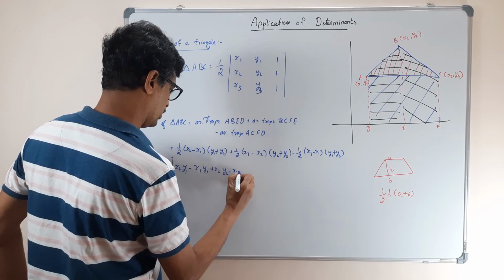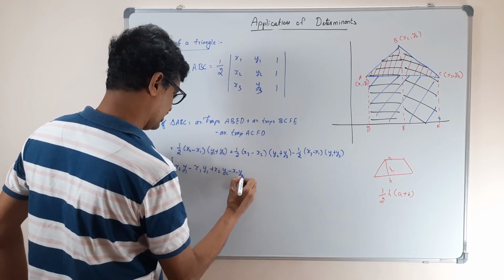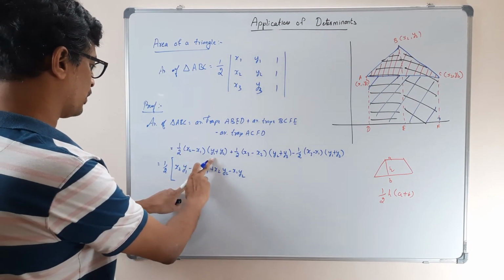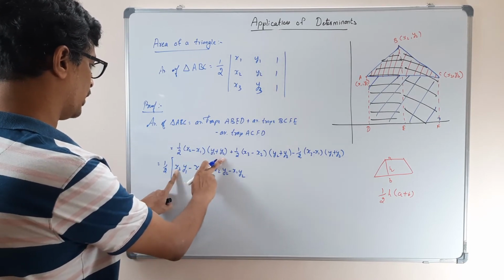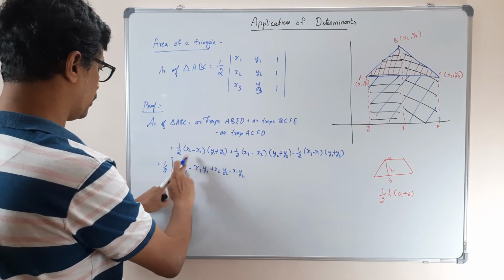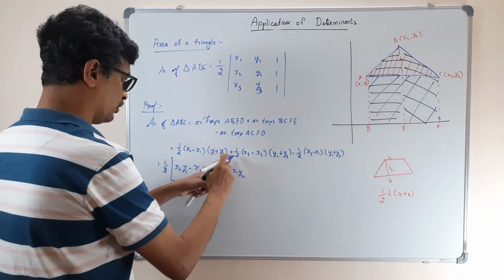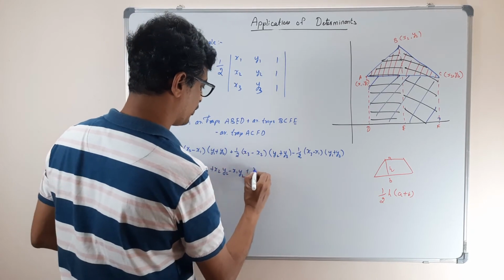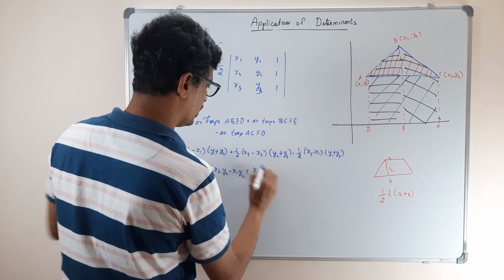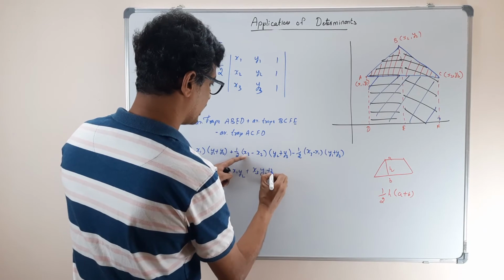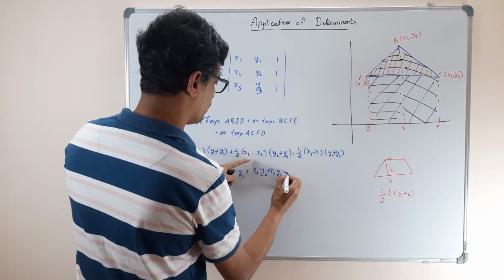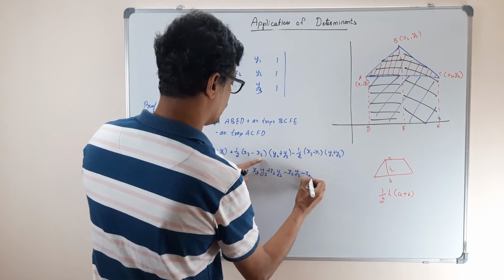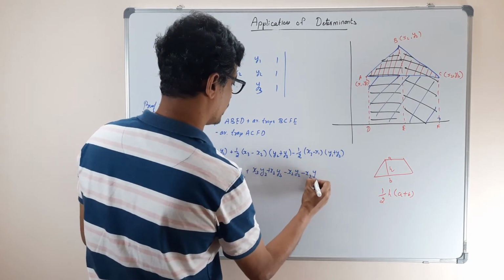Tell me this one, what will it be? x3 y2 plus x3 y3 minus x2 y2 minus x2 y3.